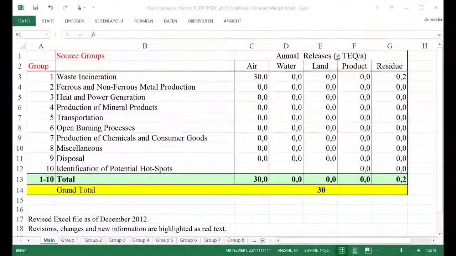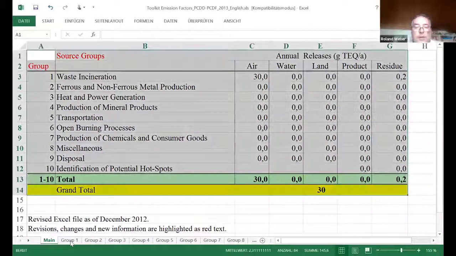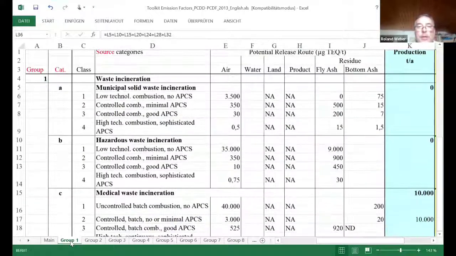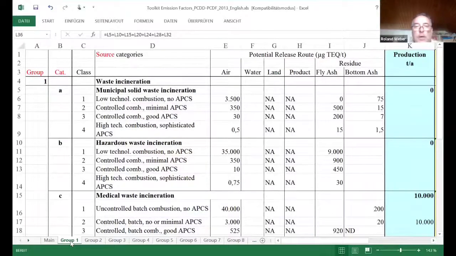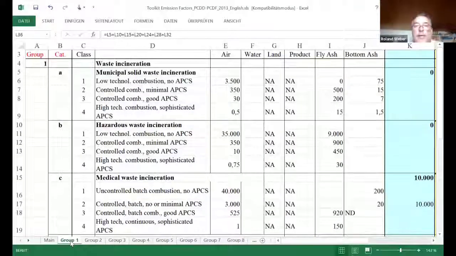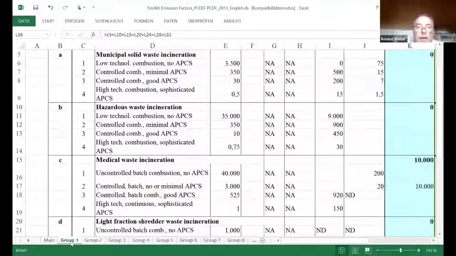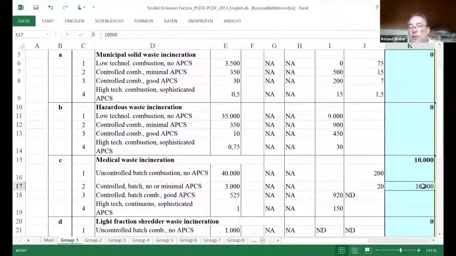Yes. Okay, so what I have shown was just for source group 1. Source group 1 is incineration. So you have all the different source categories of incinerators here. And for the individual incinerators, like here, medical waste incinerator, you have the different types and the different emission factors. The only thing you need to do is include the activity rates, which you find by asking the hospitals how much waste they incinerated in this and that year.